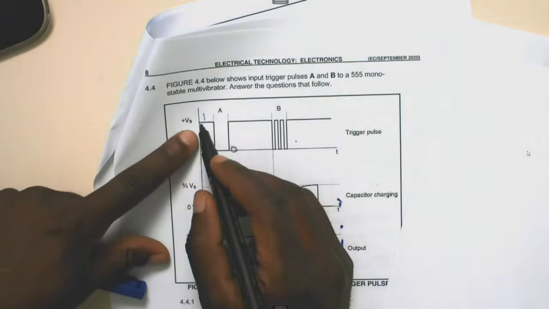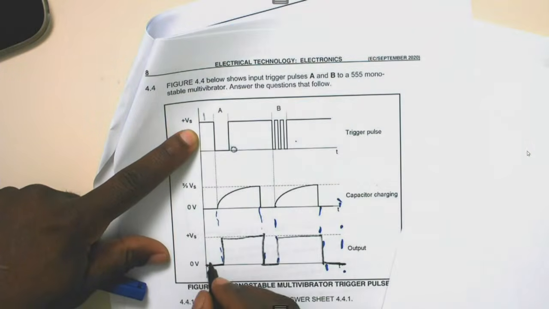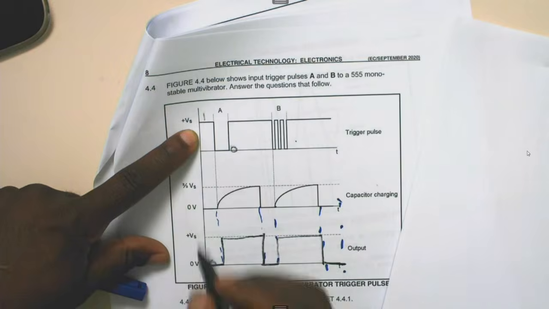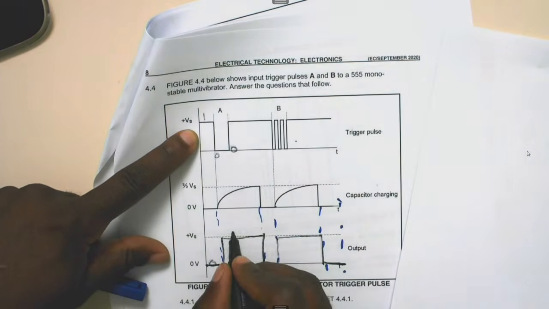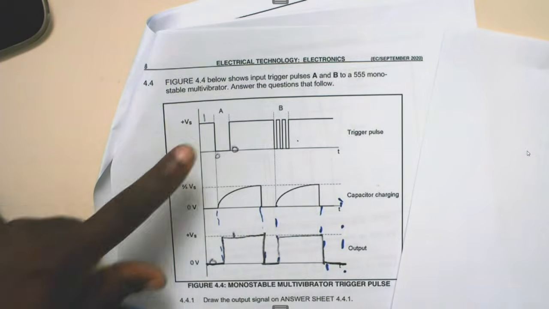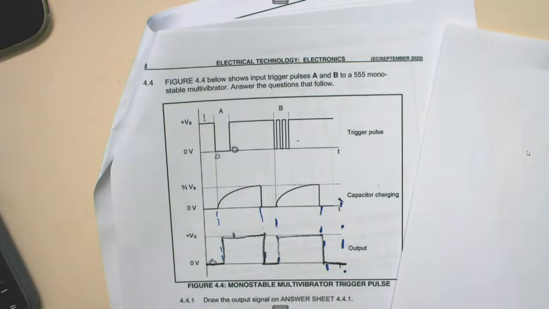Now in the same position, our output will be at low, which is 0. Then when the trigger comes low to 0, the output will be high, which is inverting in this case. So here is our answer here.